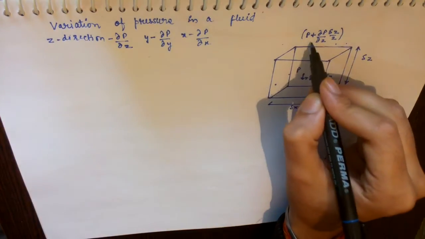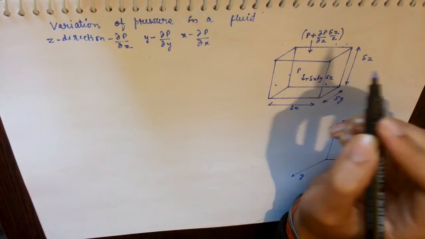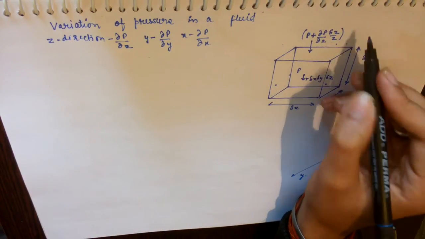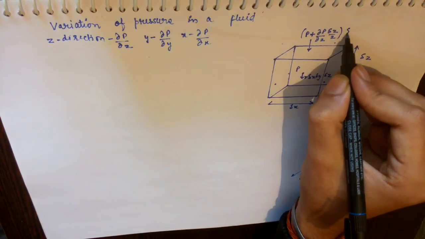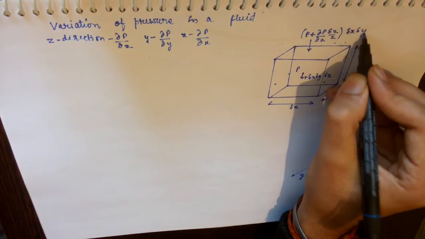This is the variation of pressure on this surface, and the force here will be this pressure into delta x into delta y.